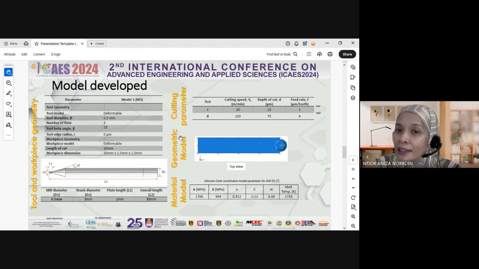The 3D model setup of micro end milling was developed where the cutting tool rotated around the z-axis and the workpiece fed in the cutting direction in the x-axis at the same time.